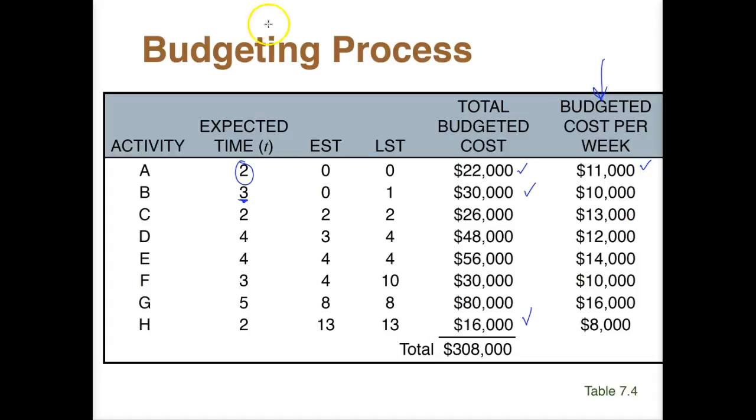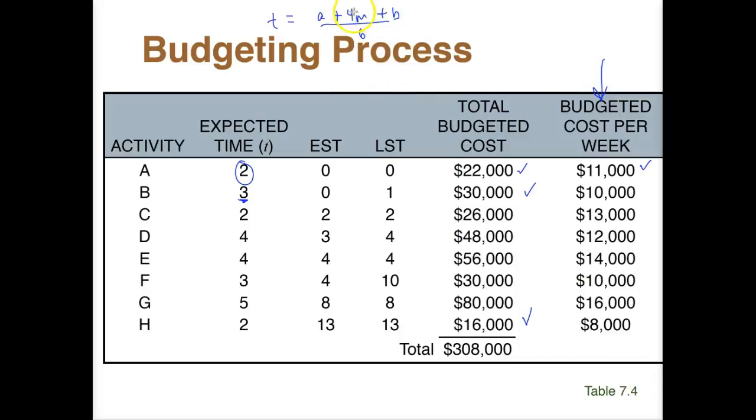And if you don't remember, we got our expected time by doing the optimistic time plus 4 times the most likely time plus the pessimistic time, all that divided by 6. And we went over already why it is that we're actually dividing by 6.